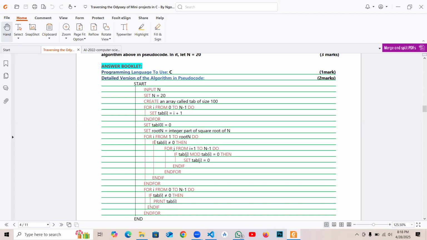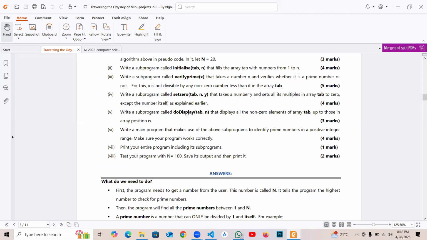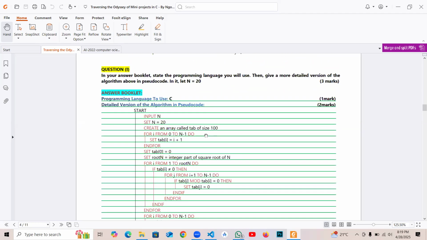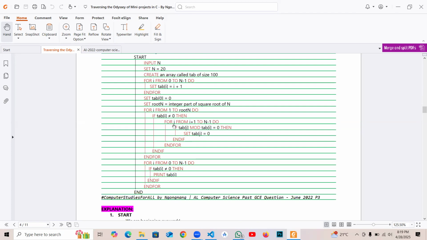We do: if the number at that position, which is 2, is different from 0. After this, you see that 2 is different from 0. That's what they are saying. What should we do? I already interpreted this. We said for j from I plus 1 to n minus 1, do.